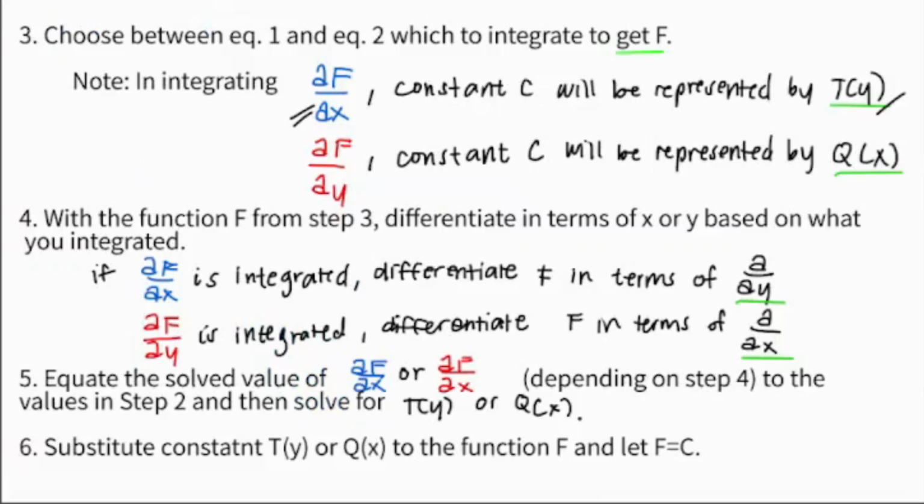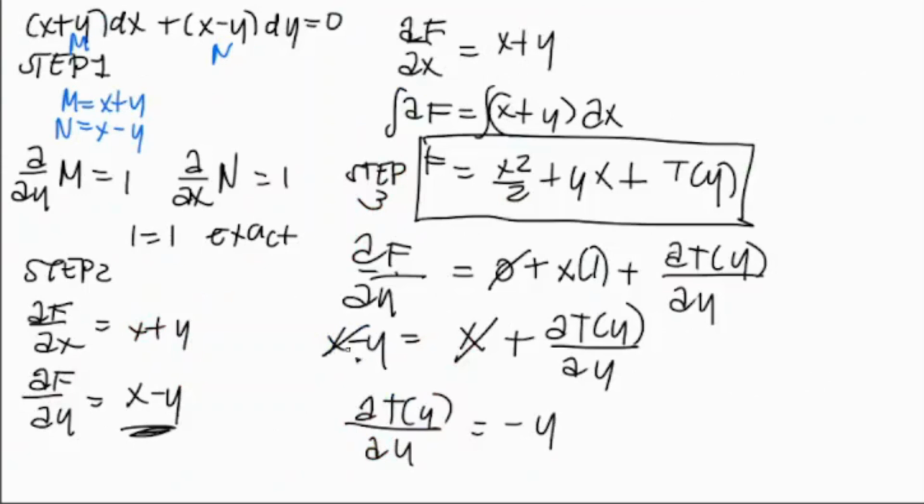So, ngayon, nakuha na natin yung dt of y. So, para makuha natin yung t of y, integrate natin both sides. So, magiging t of y is equal to negative y squared over 2.